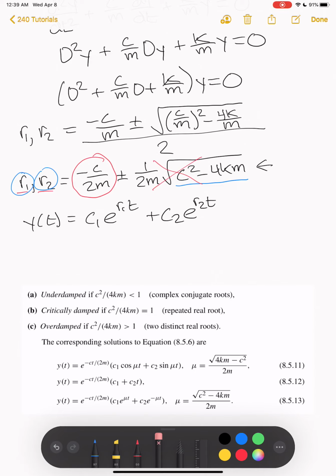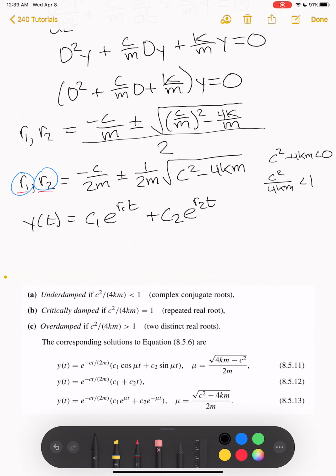If we have complex conjugate roots, this radical here has to be negative. We need something negative inside of there. So that corresponds to c squared minus 4km being less than 0. And then I can rearrange stuff and say that c squared over 4km has to be less than 1.